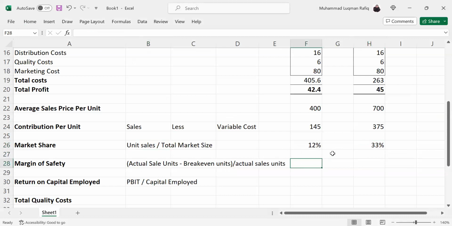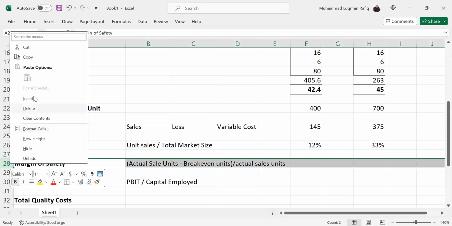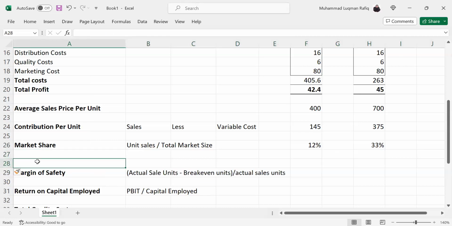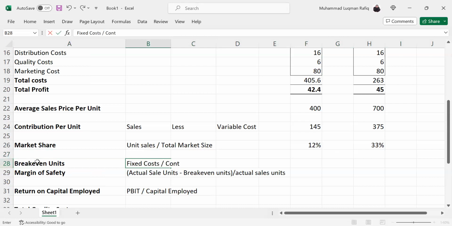Then you have got margin of safety. How do you get the margin of safety? It's actual sales units minus the break-even units. First of all, you would have to calculate the break-even units. The formula is going to be fixed cost divided by contribution per unit.